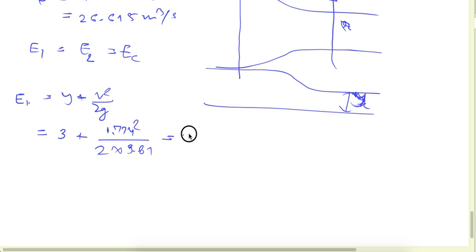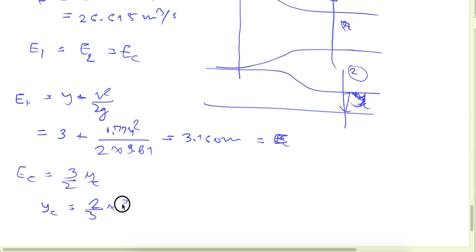This is coming out to be 3.160 meter, and we know that this will be equal to EC. EC is equal to 3 upon 2 YC. So critical depth of flow at section 2, YC is equal to 2 by 3 into EC, is equal to 2 by 3 into 3.160. From here YC is equal to 2.107 meters.